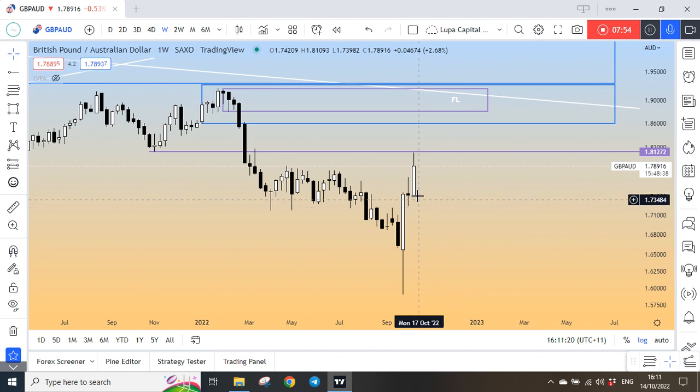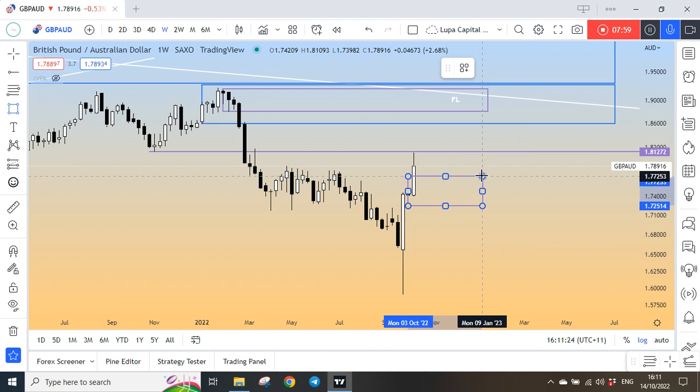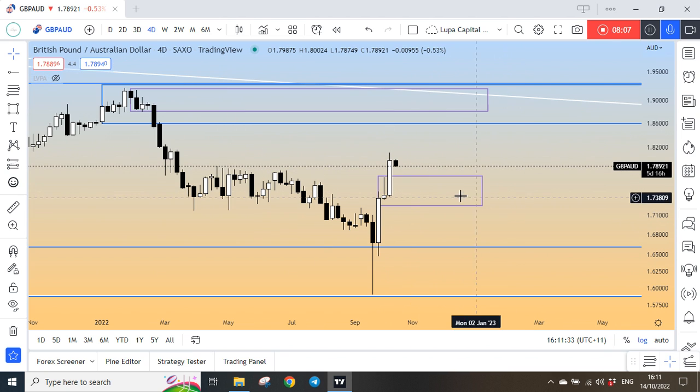So that is great. This is a great opportunity here for a fresh level to buy from, subject to falling back down to 177. And also on a 4-day, it helps a lot easier.